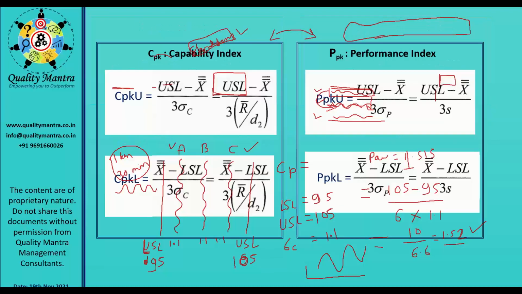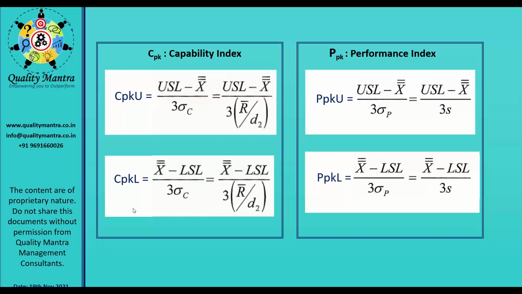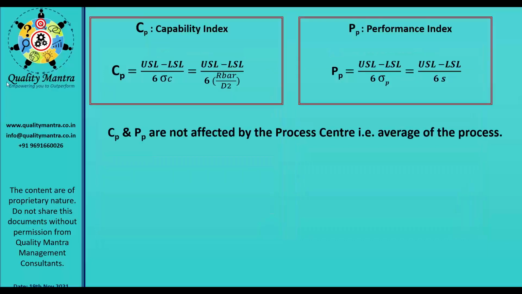How? Just look at these formulas. The capability index CPK and the performance index PPK. Sometimes people call the CP the capability and PP the performance; they will not say index, but actually these are all indexes also.